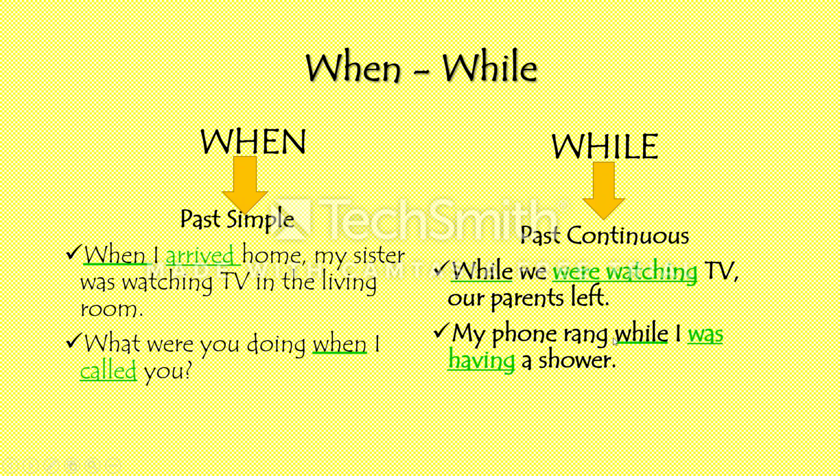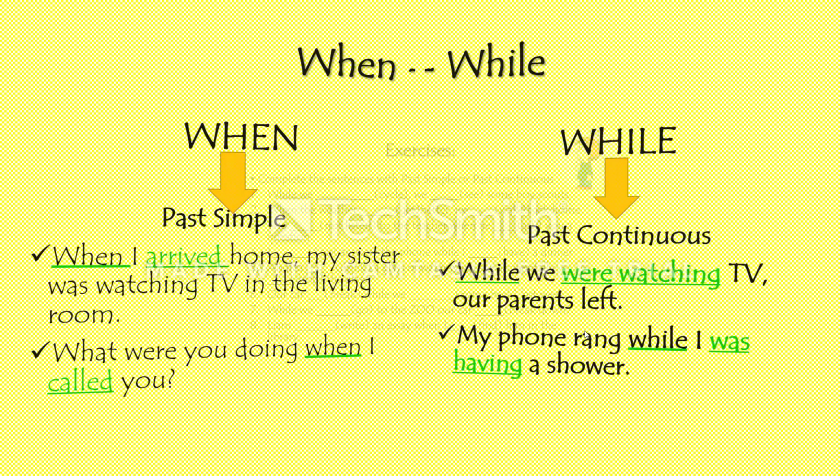My phone rang while I was having a shower. While again is underlined, and after while you use past continuous. And in the first part of the sentence you have the verb rang, that's simple past tense, the second column of the verb ring, that's an irregular verb.